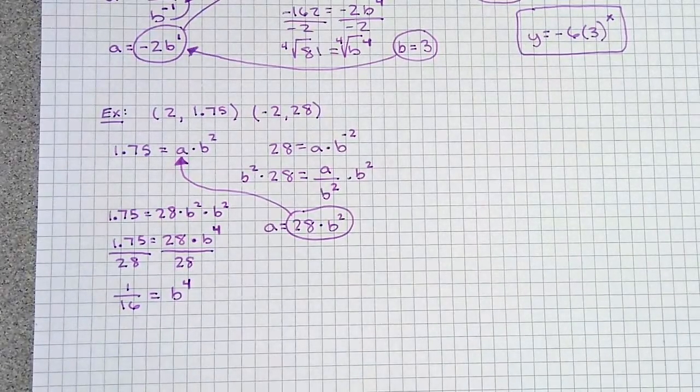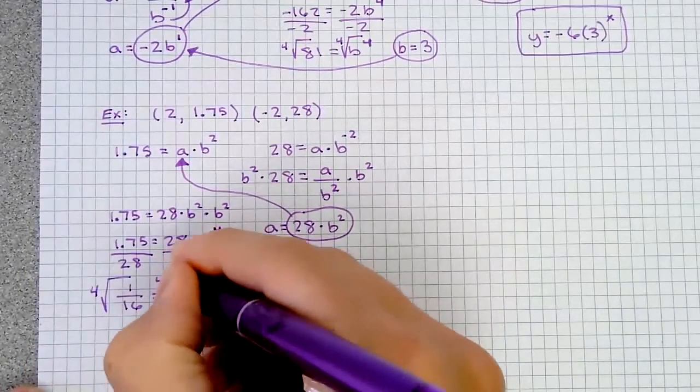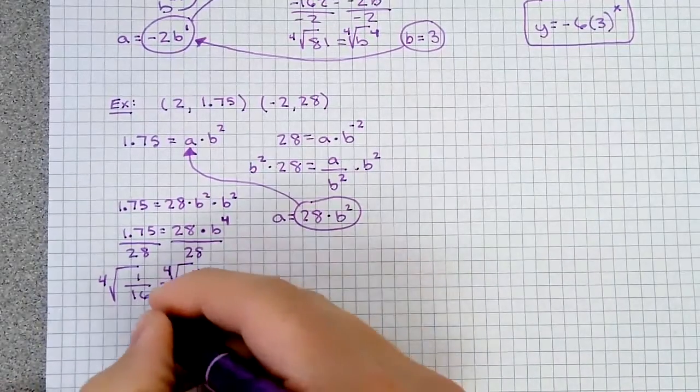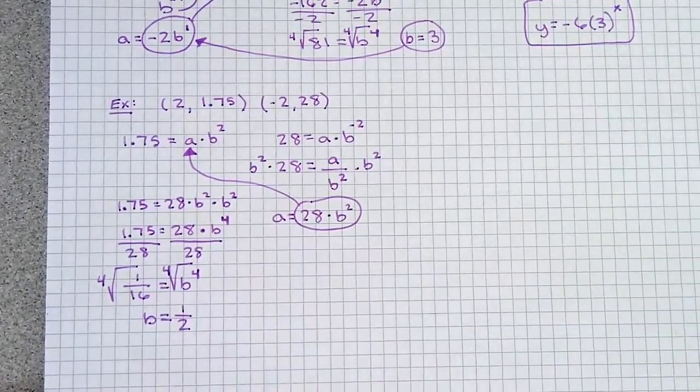Just take my word for it, or put it into a calculator if you don't believe me. Now we take the fourth root of both sides, and our b value ends up being 1/2.